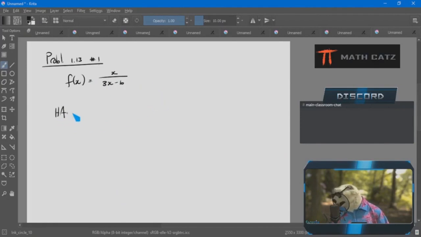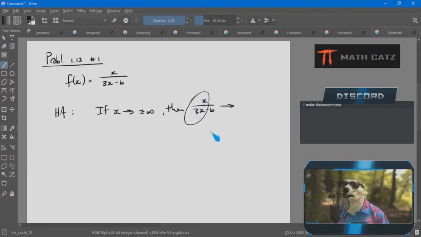So the horizontal asymptote question is, if x approaches either infinity, then what happens to this rational function? Now, you don't have to do a whole thing. You just look at the leading terms. It's x over 3x, cancel the x's, 1/3.